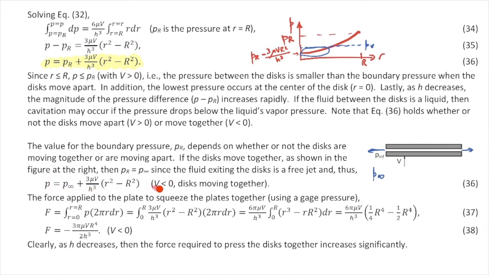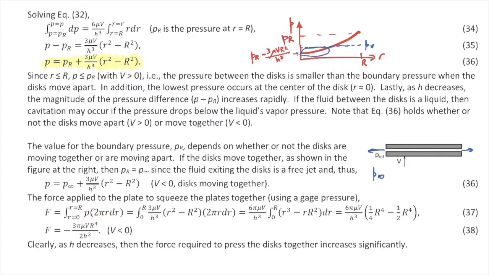This is for the case when the disks are being squeezed together. If you wanted to find the force required to squeeze those disks together, we can integrate the pressure force over the whole surface of the disk. So we'd have the pressure times the area over which it acts.